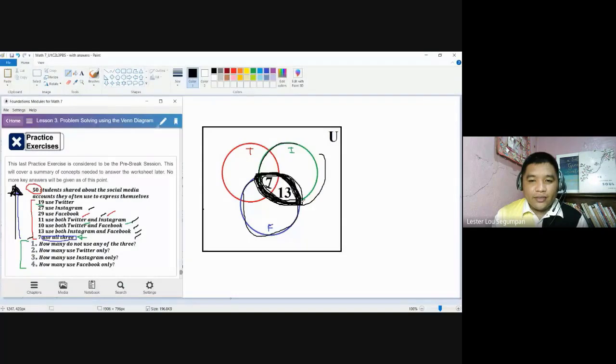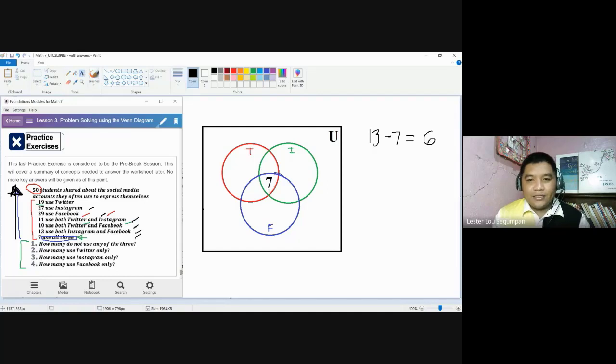So to make sure that this area here should only contain 13, we need to trim down the possible values. Since this area here is 13 and we already have 7, we could subtract 7 from 13. So 13 minus 7, you will get here 6.